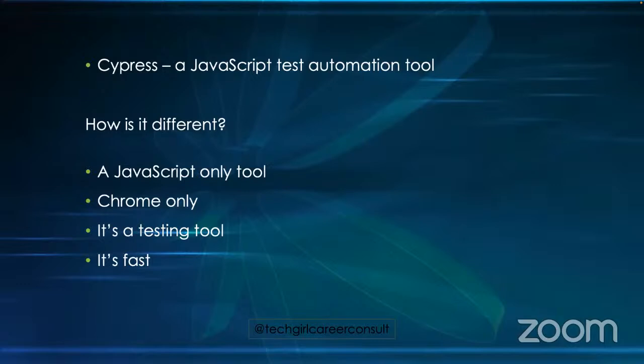And I have seen on the Cypress tool itself, it shows you the option to run it in Firefox, and I think Edge as well. We're going to see the options there, but it's always recommended to run your Cypress in Chrome alone. Another reason why Cypress is different is it's not just an automation tool, it is an automation testing tool.